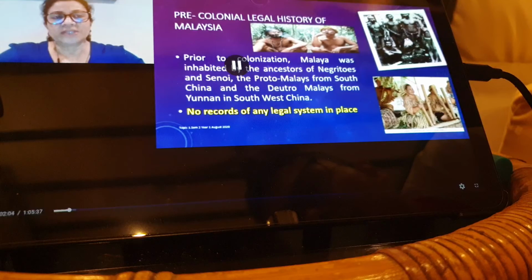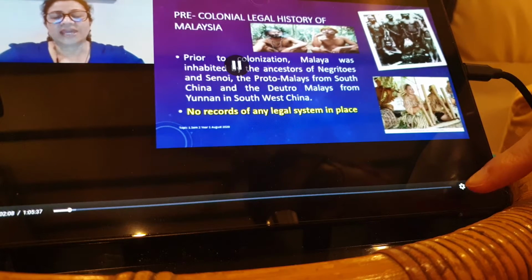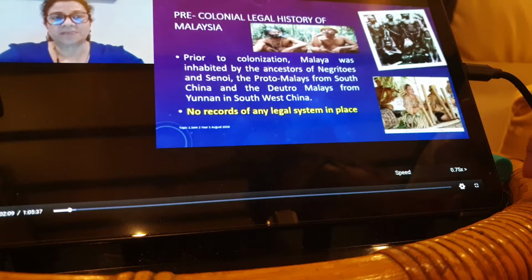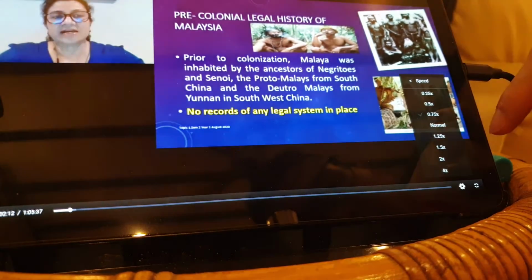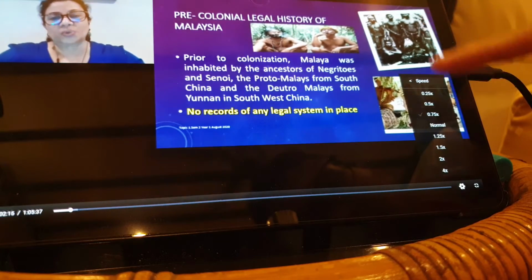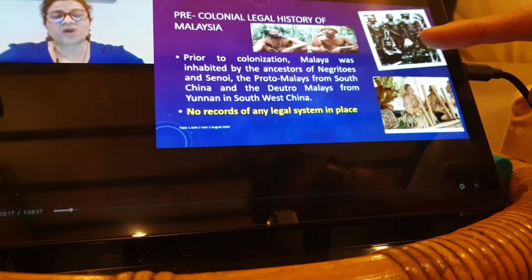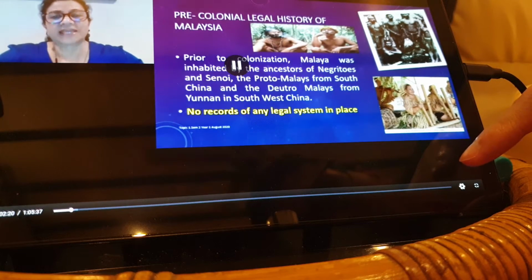So we know that there were settlements amongst these people, but as far as a legal system is concerned, it is not known. There are no records to show that there was a legal system in place.